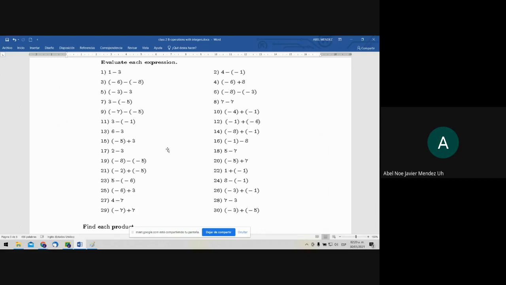We have here some expressions: 1, 3, 5, 7, 9, 11, 13, 15, 17, 18, 21, 23, 25, 27, 29 are the expressions that you will calculate.